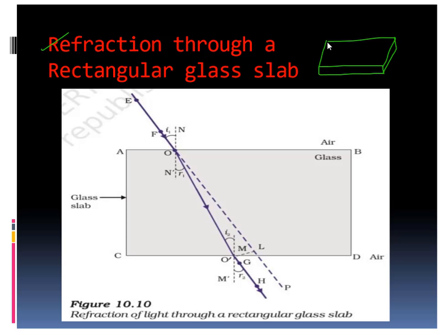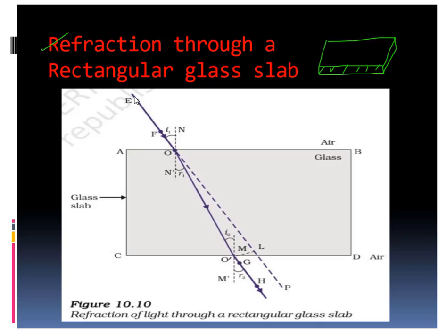Here we are considering this surface, the one I am shading. This is A, B, D, C. This upper one is A, this one is B, this one is D, and this one is C.